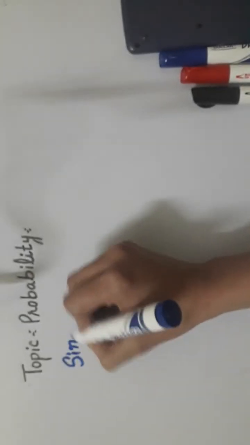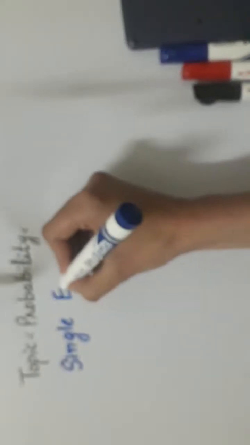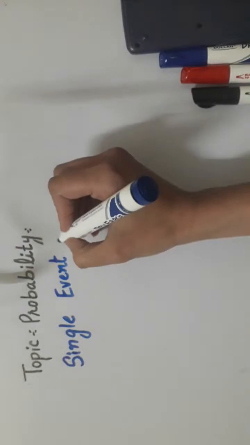What is a single event probability? First of all, we will study. Single event means just one outcome.